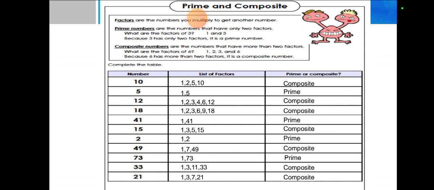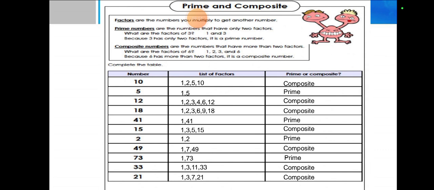41 has only 2 factors, 1 and 41, so it's a prime number. 15 has 4 factors, 1, 3, 5 and 15, so it's a composite number. 2 has only 2 factors, 1 and 2, so it's a prime number. 49 has 3 factors, 1, 7 and 49, so it's a composite number. 73 has 2 factors, 1 and 73, so it's a prime number. 33 has 4 factors, 1, 3, 11 and 33, so it's a composite number.